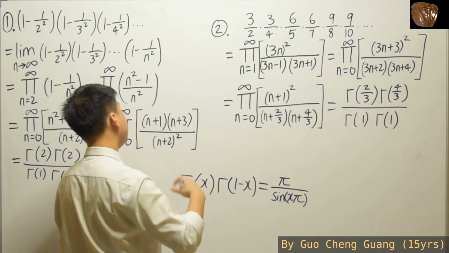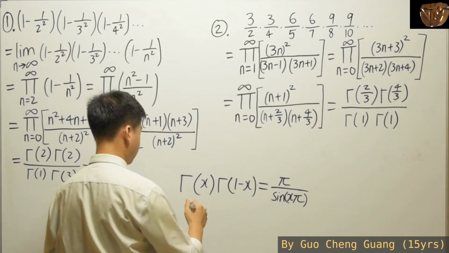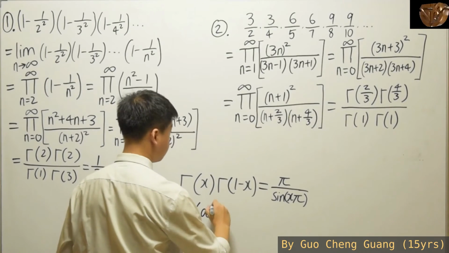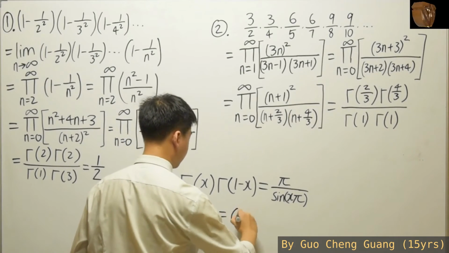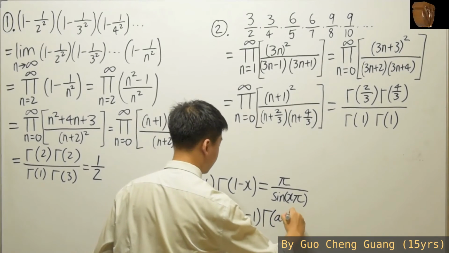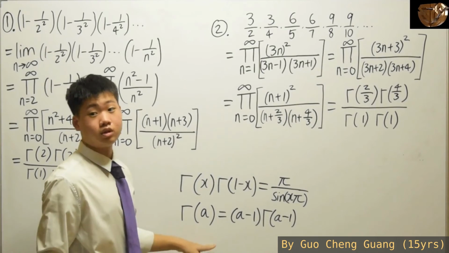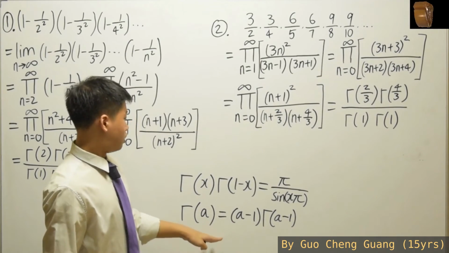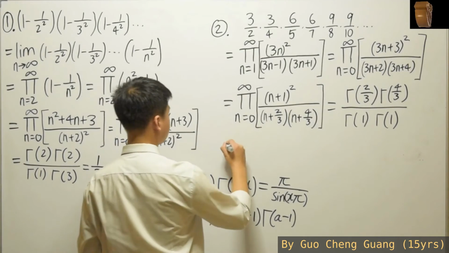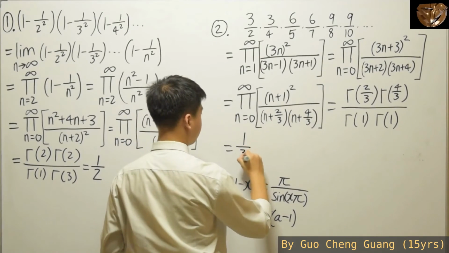That means we have to use something else, or not completely something else, making use of something else. Gamma of a is equal to a minus 1 times gamma of a minus 1. We have to use this formula. So using this, we can change gamma of 4 over 3 into 1 over 3 times gamma of 1 over 3.